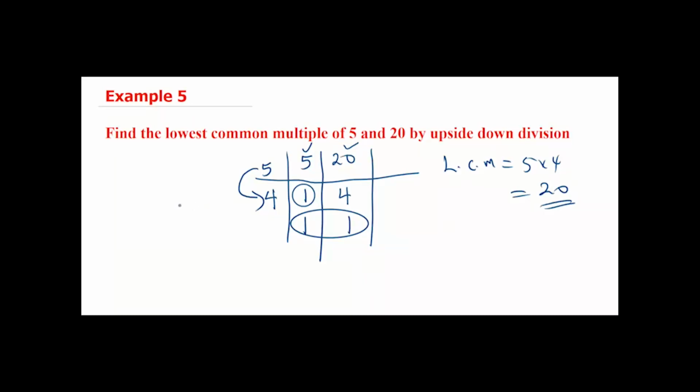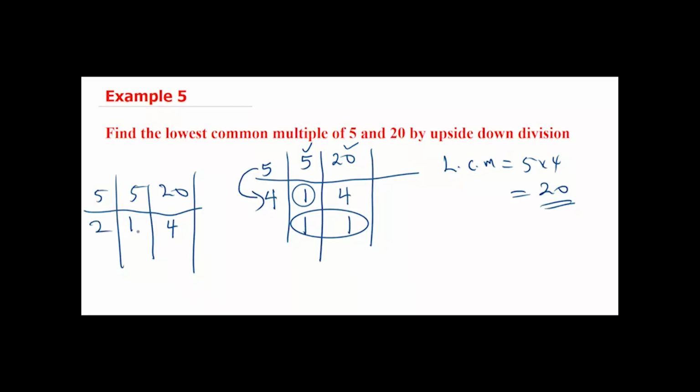But let's say you chose not to use 4 here, so let me write it again. You have 5 here, then you have 20 here. You divide by 5: 5 goes in 5 once, 5 goes in 20, you have 4. Let's say from here you want to find a number that can divide 4. Earlier I used 4, so you can use 2 here.